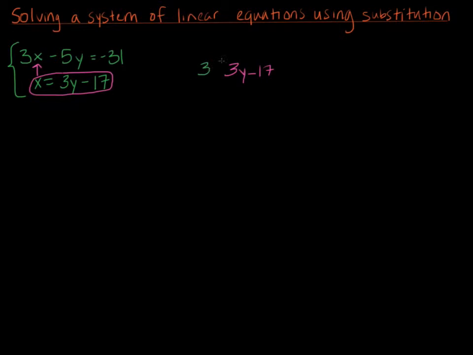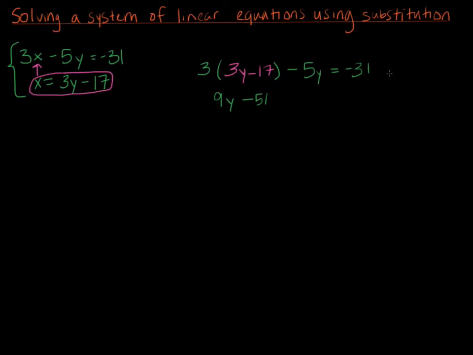So it's 3 times x, which is equal to 3y minus 17, minus 5y equals negative 31. So this will be 9y minus 3 times 17 is 51, I think.